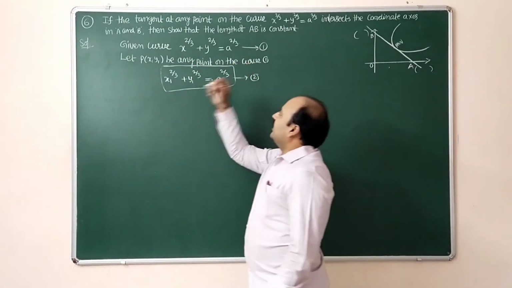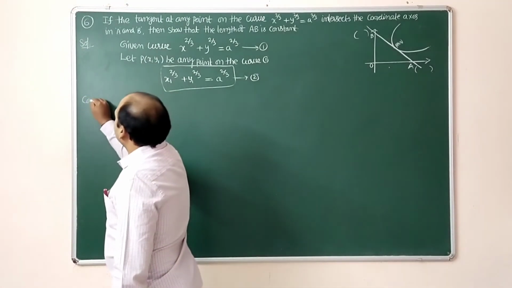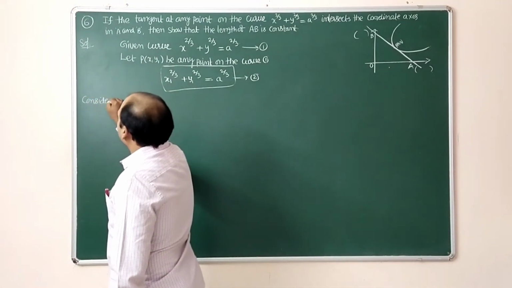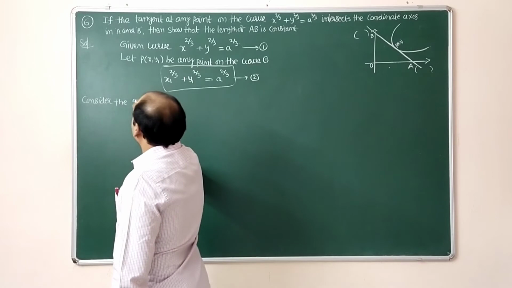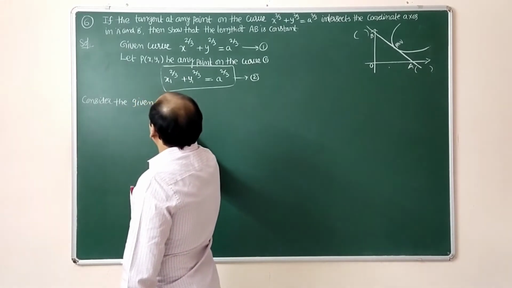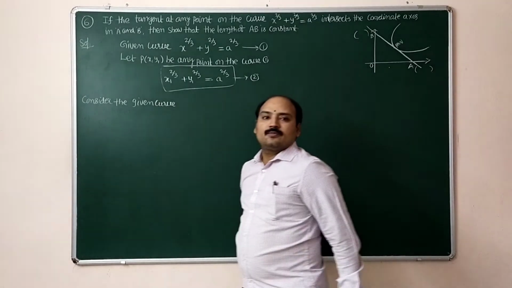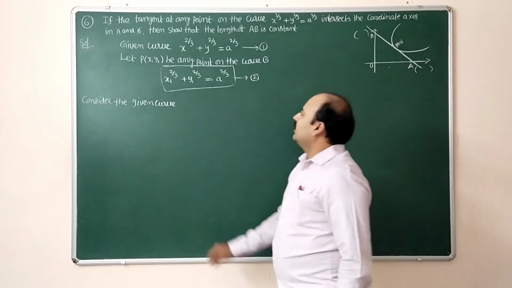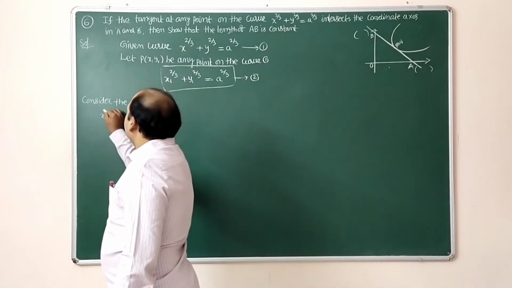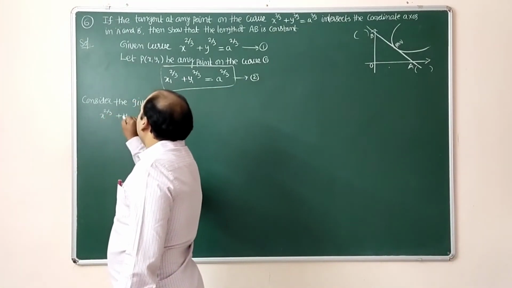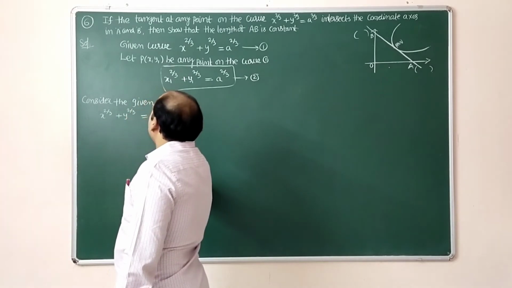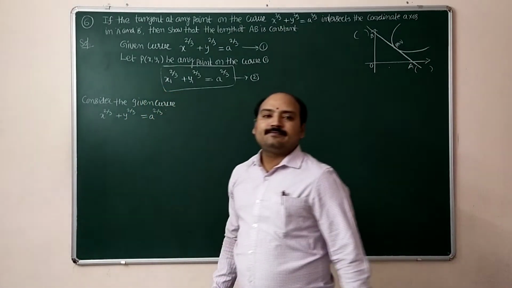Now consider the given curve: x power 2 by 3 plus y power 2 by 3 is equal to a power 2 by 3.